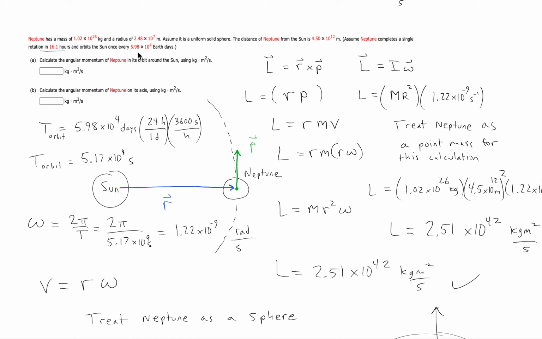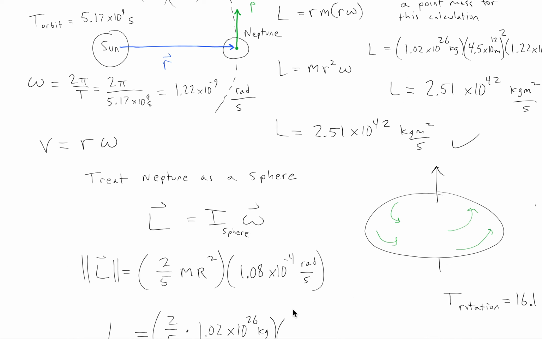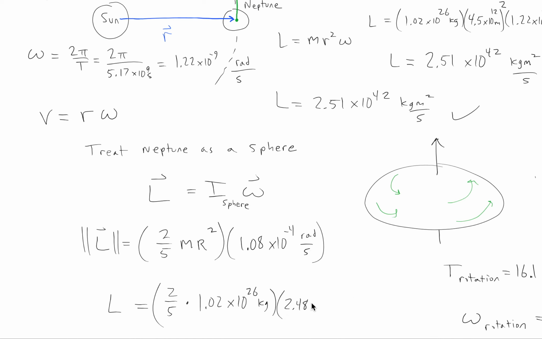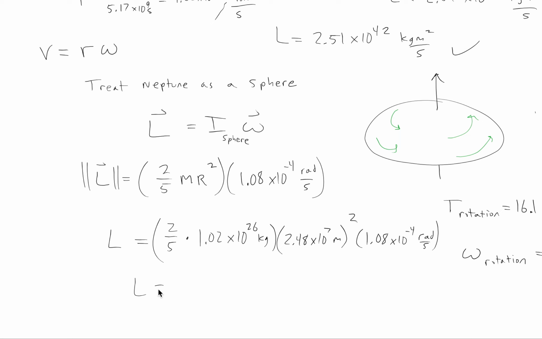Radius of the planet, 2.48 times 10 to the 7 meters. Square that. Alright, let's see what we get. 2.71 times 10 to the 36, I believe, kilogram meters squared per second.